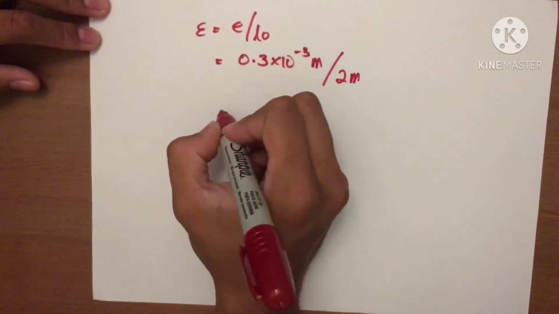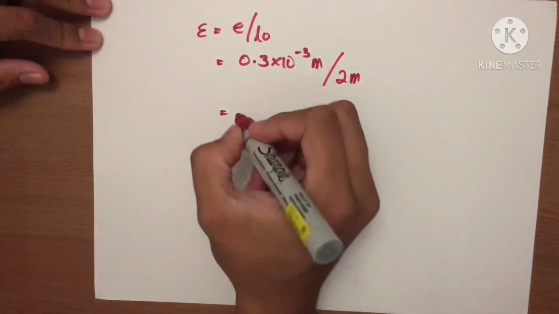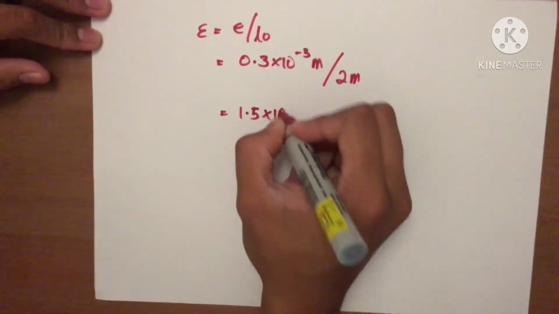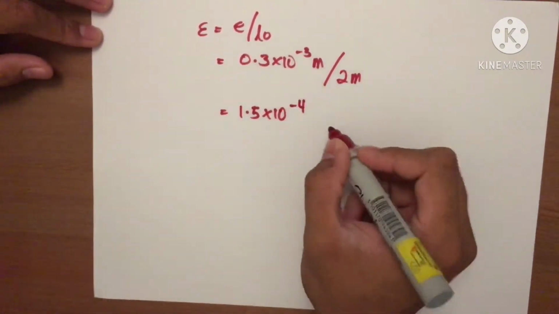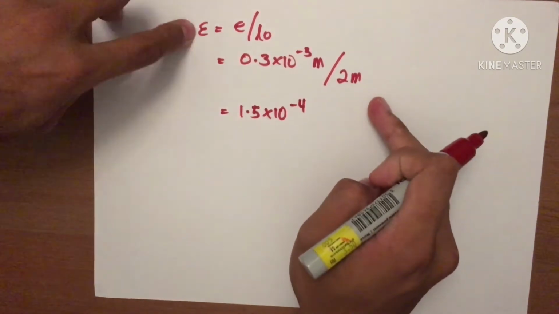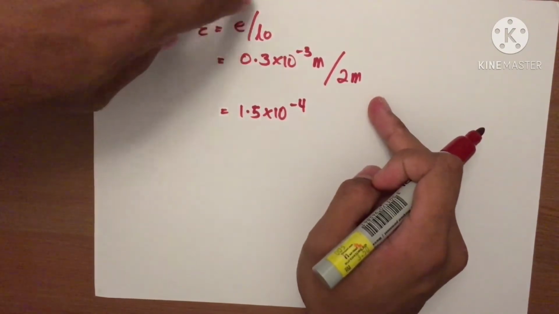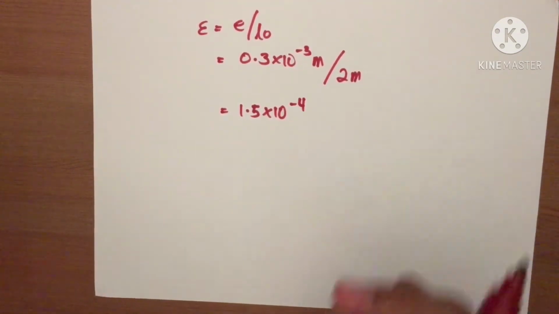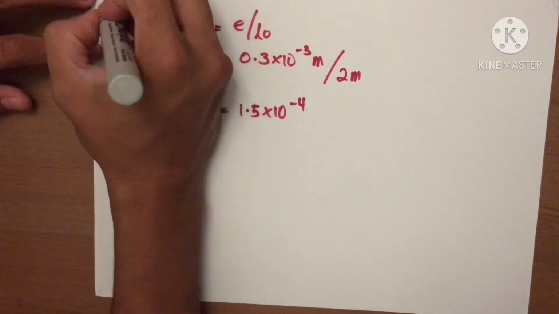Therefore, the answer is 1.5 times 10 to the negative 4. There's no unit for the strain, because the strain is just the ratio between the elongation and the actual length. If it's a ratio, there's no unit with it. So that answers the second question.